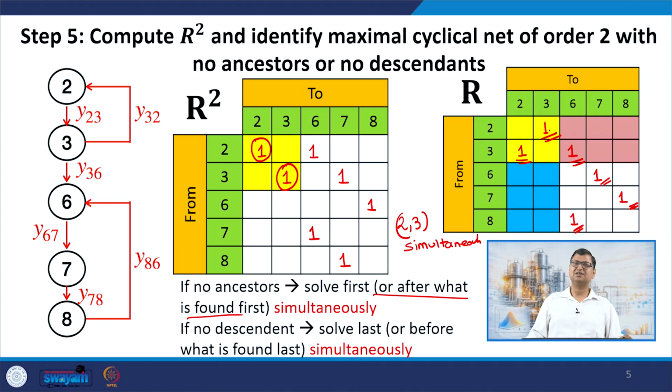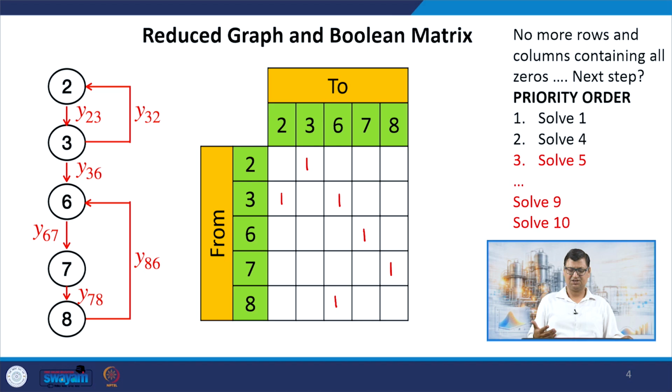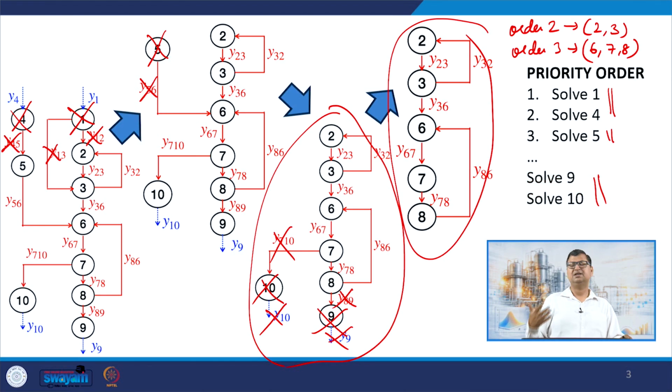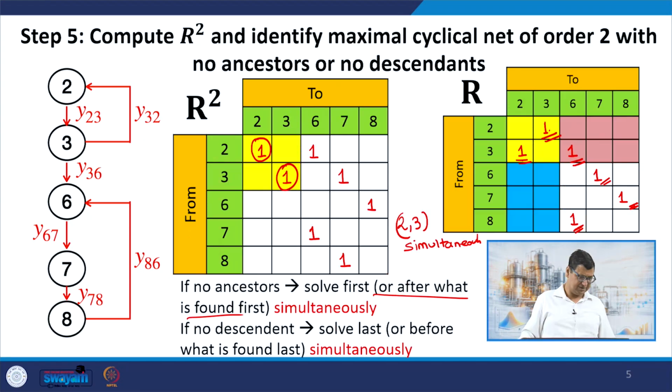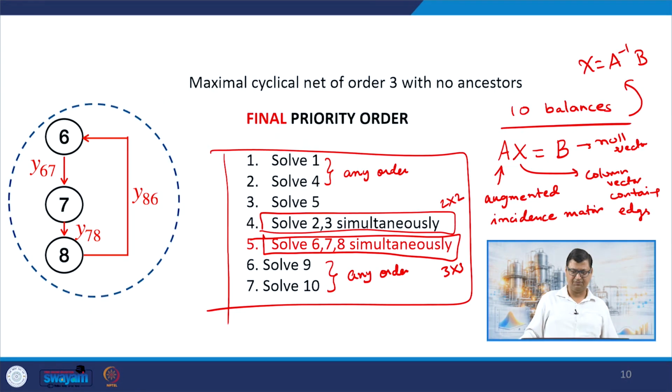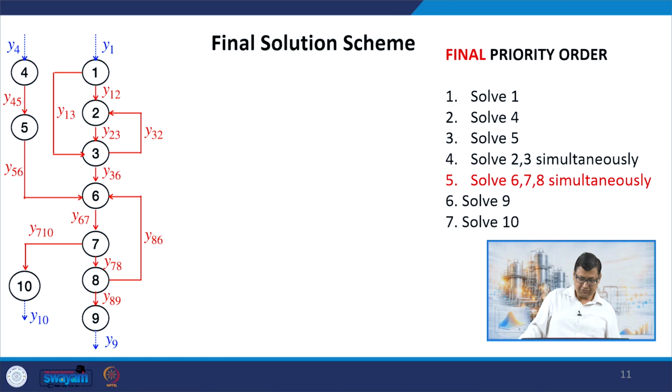But this provides a programming way of implementing it. It will go in these subsequent steps and decompose the system into something that is computationally easier to solve. That is the whole idea in the decomposition of linear systems.